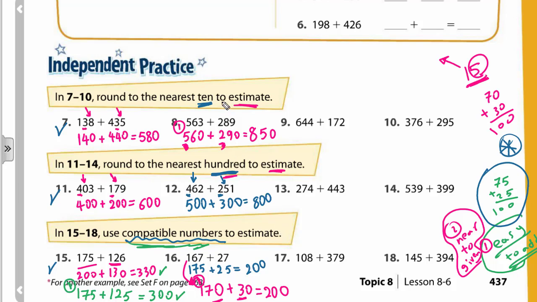But when you use estimation using rounding to nearest 10 or rounding to nearest 100, you will not get more than one correct answer. Every time you will get the same answer if you solve the same question. But if you use compatible numbers, you may get different answers. Okay, my heroes, any questions, any problems?